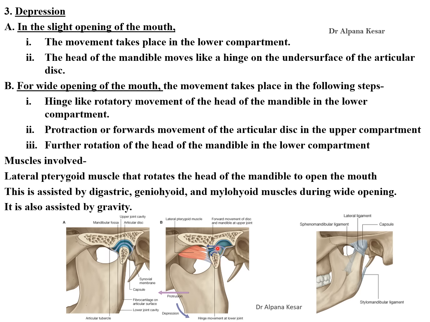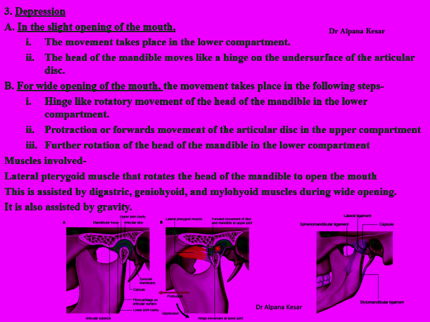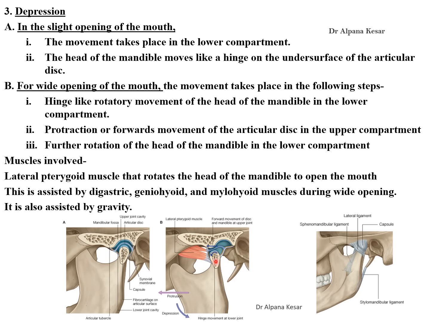The second movement takes place in the upper compartment, where the head of the mandible, along with the articular disc, glides forwards so that the head of the mandible comes to underlie the articular tubercle. Now, the head of the mandible is free to rotate.